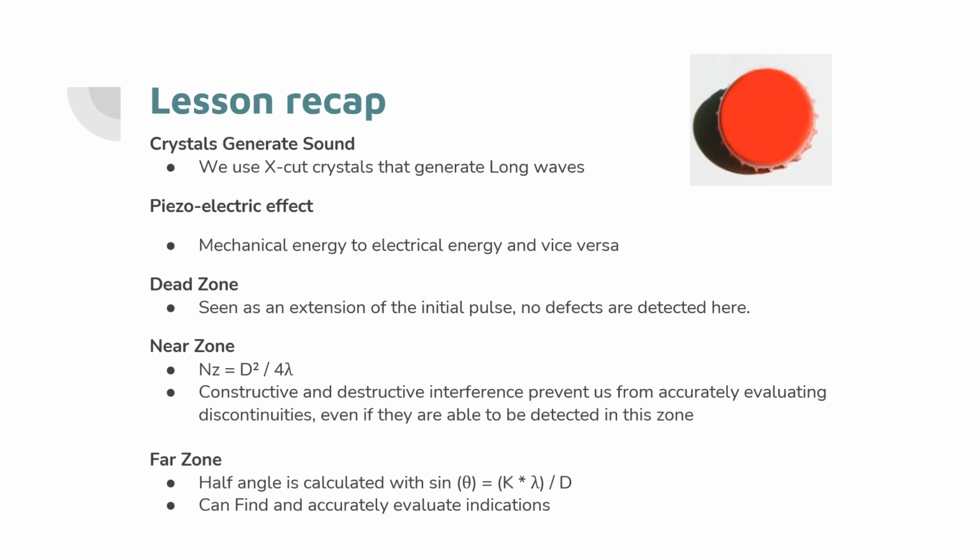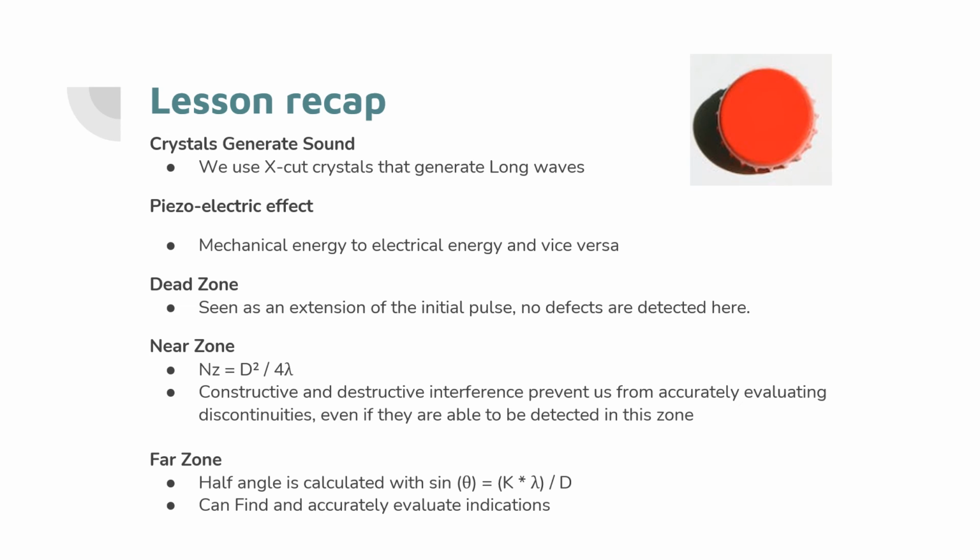The near zone, the formula for that is diameter squared divided by 4 wavelengths, or d squared multiplied by frequency divided by 4 times your velocity. And due to constructive and destructive interference, we will be able to find discontinuities, but not accurately size them or evaluate them.